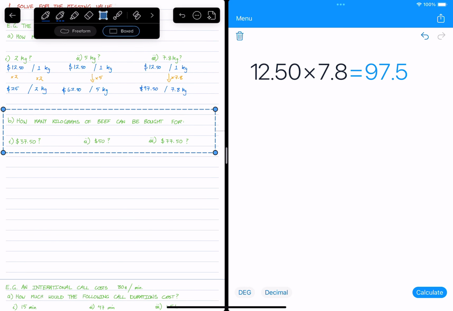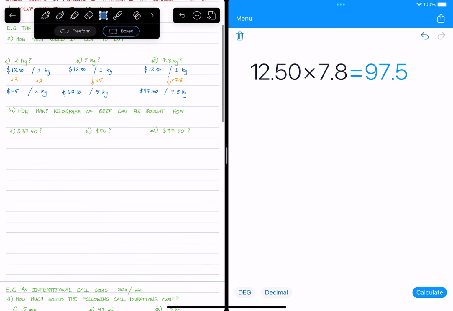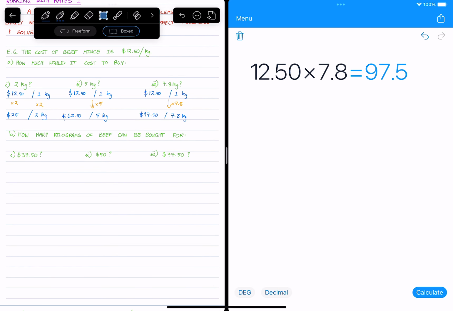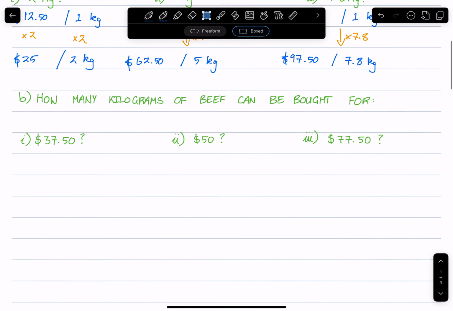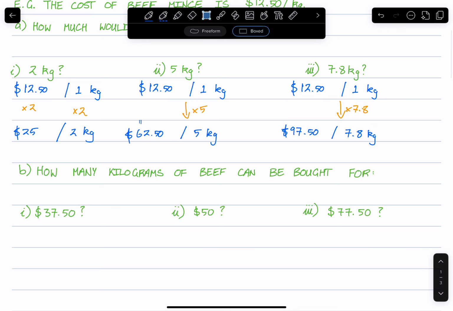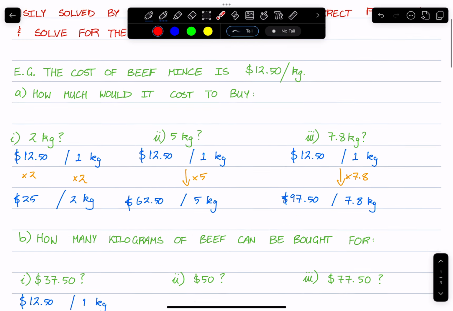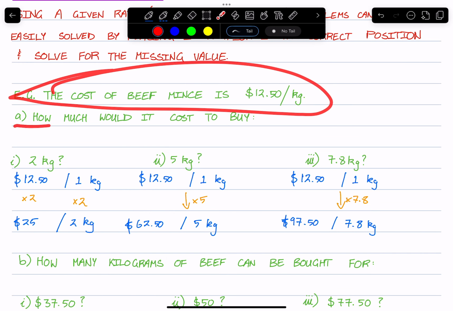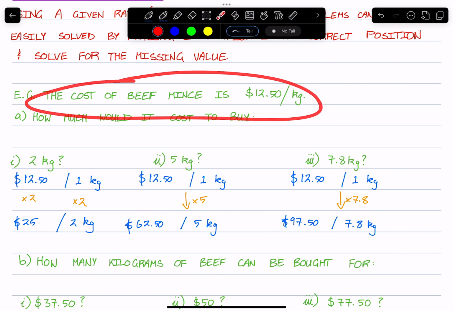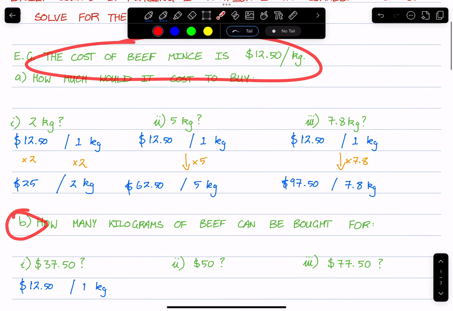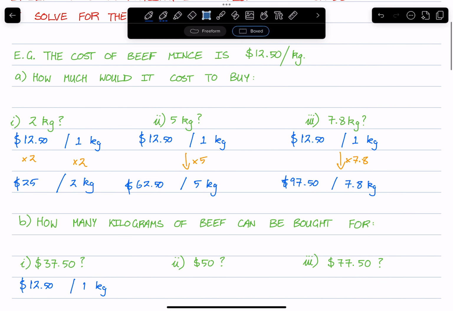Okay, so the next set of questions here. How many kilograms of beef can be bought for these amounts? This question is continuing from the previous. So this is from here, question A, and then from here, question part B. So we're still using this unitary rate given.